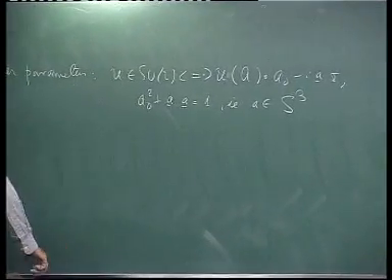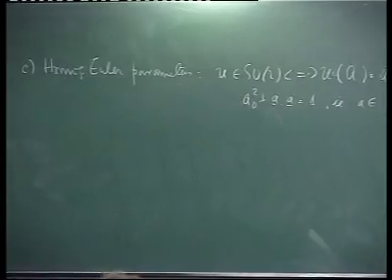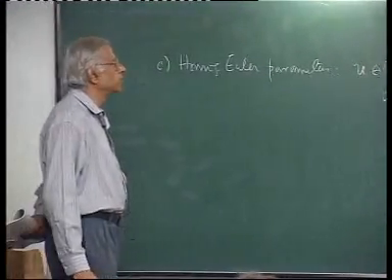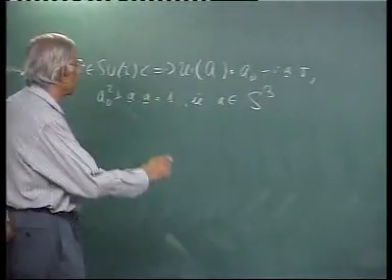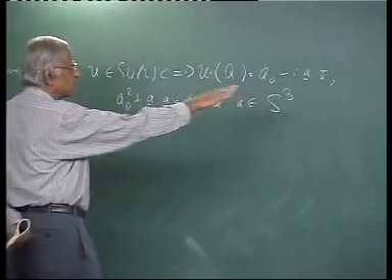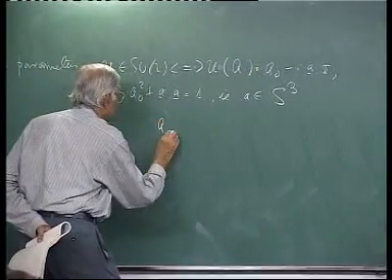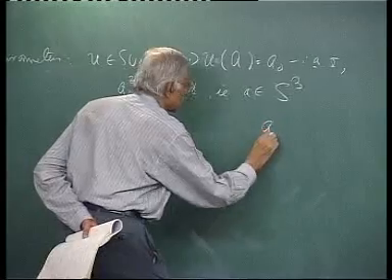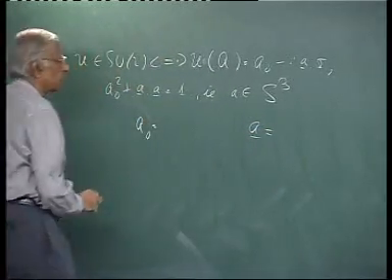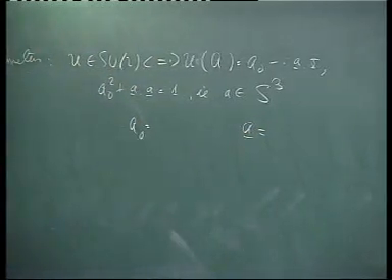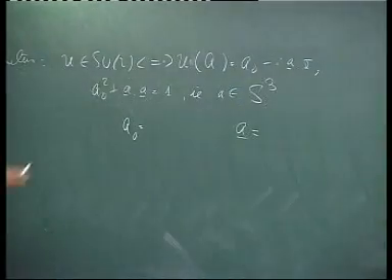So this is called the homogeneous Euler parameter description of SU2 elements. How do you connect up this description with the axis angle? What is A0 and what is A? Just to make sure that you are comfortable. What is little A0 in terms of axis and in terms of alpha vector?